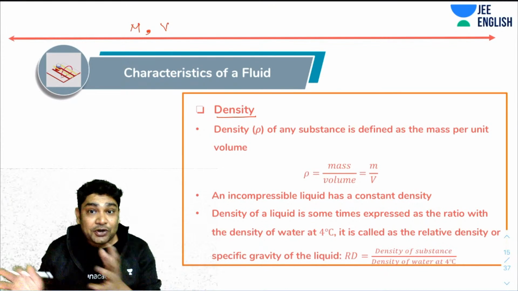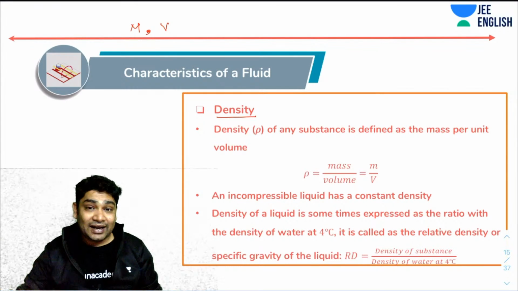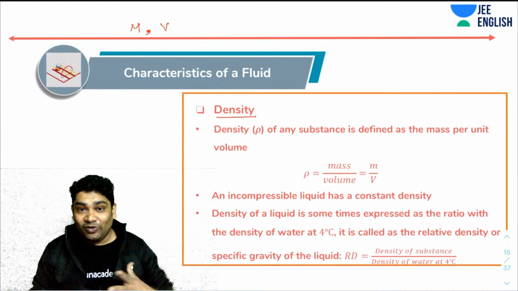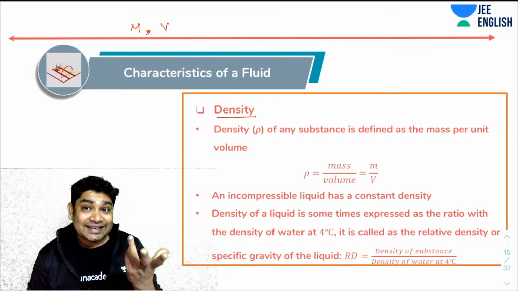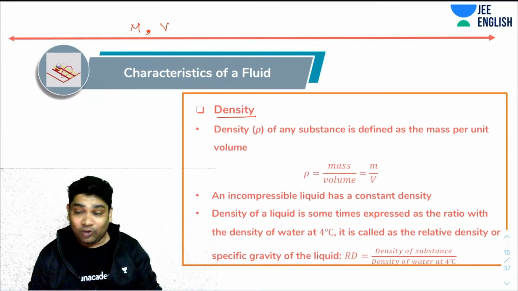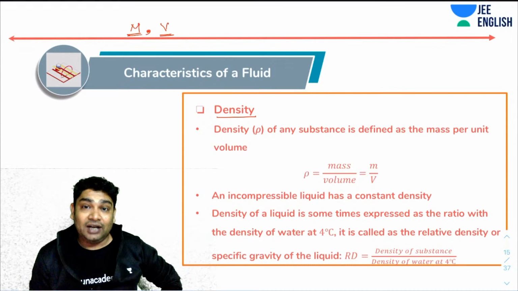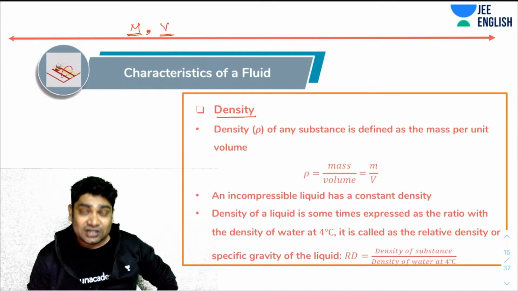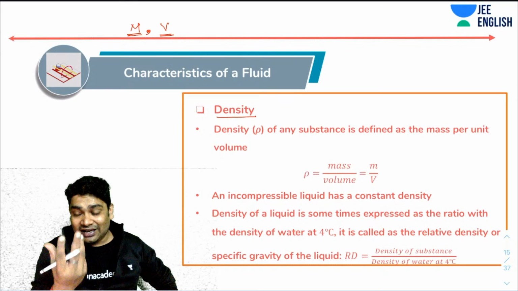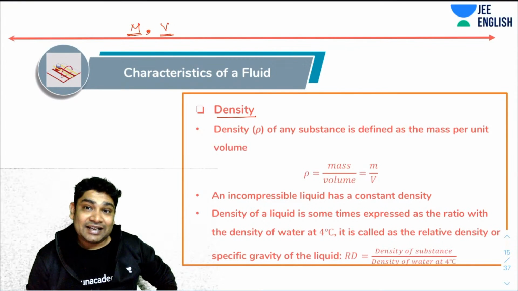For instance, the density of water is always the same, and similarly the density of any oil, let's say petrol, would be fixed. For an ideal liquid that is incompressible, we assume that the volume cannot be changed. So it has a fixed density, which essentially depends on its own properties, how the molecules are arranged inside it. That is what we use to characterize any fluid.